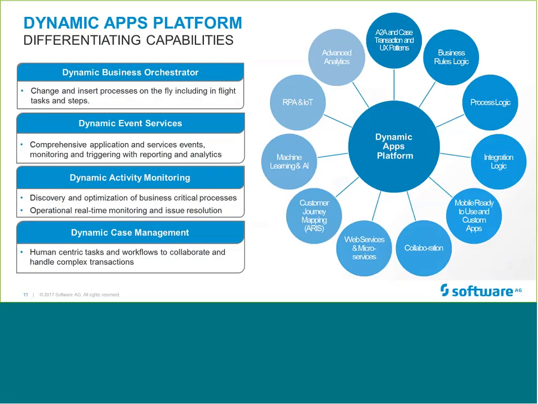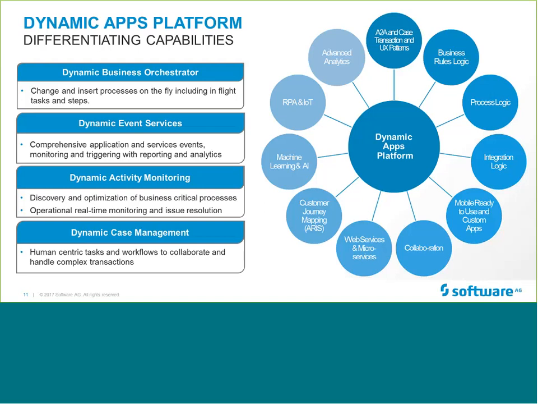So the point there being that the application builder platform brings in a variety of capabilities to use, right? Which is the business orchestration, the process orchestration patterns, rules, which has business rules, process logic, integration logic, built-in collaboration, and discovery through customer journey mapping.